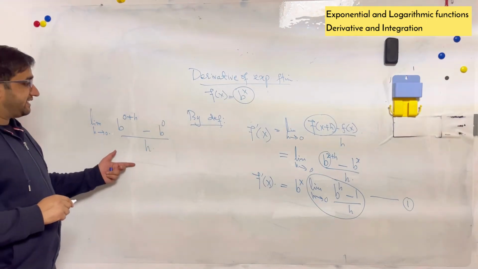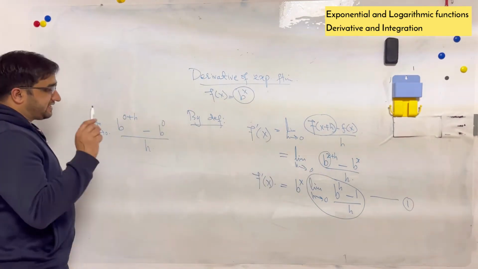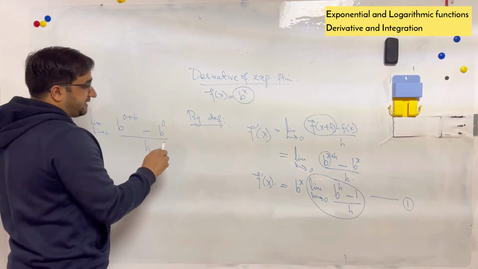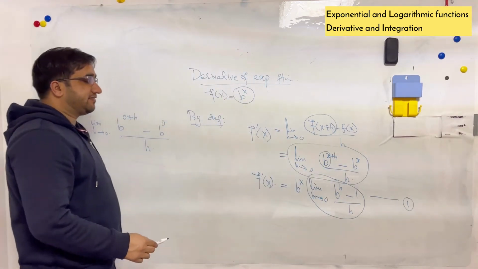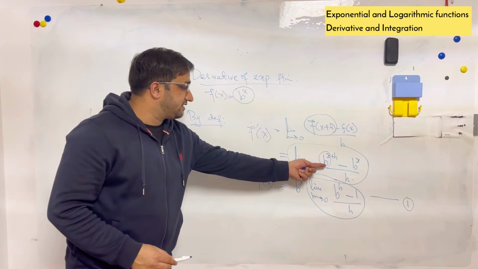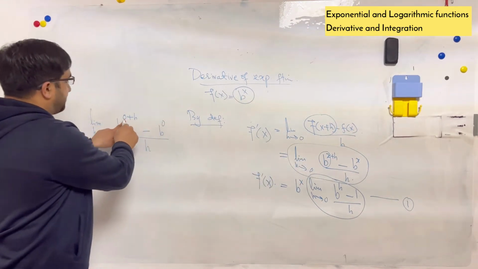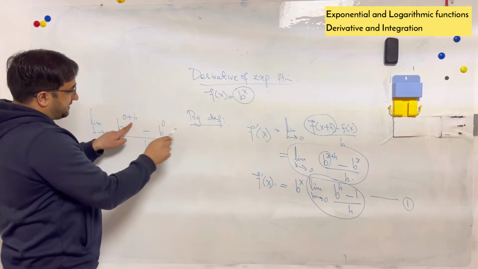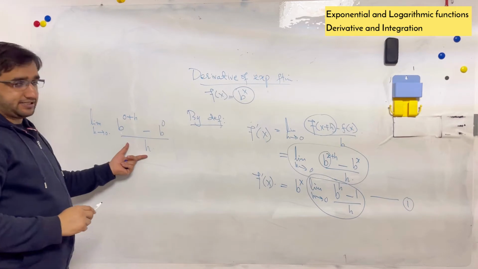Now if you compare it with the exact formula, what is the common thing? This is the exact formula for the derivative. Now compare these two things. You see b raised to the power x in one, and 0 in the other, plus h minus b raised to the power x, or 0, divided by h.